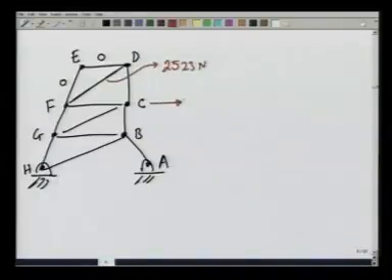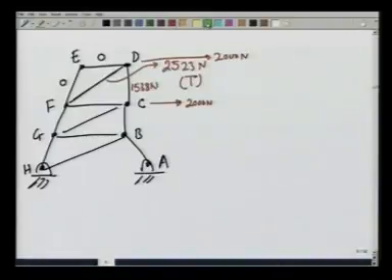This is of course loaded with 2000 newtons this way and 2000 newtons this way, and this force is tensile because it pulls D down.